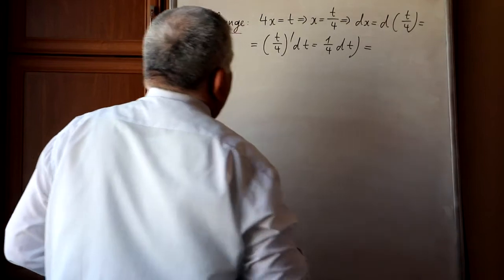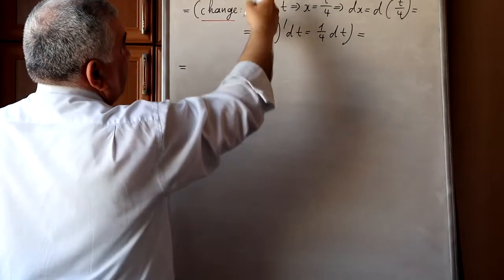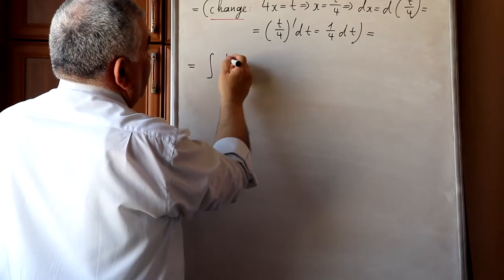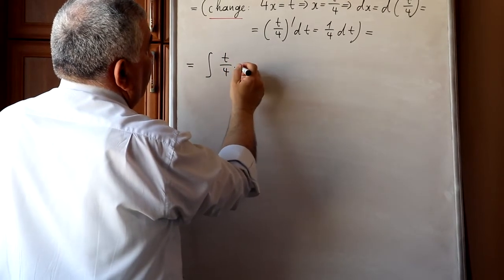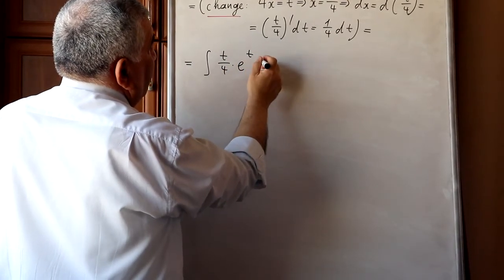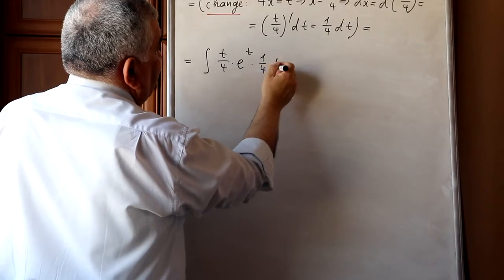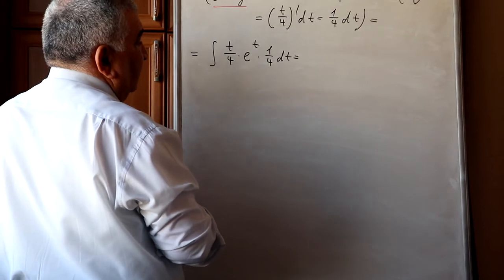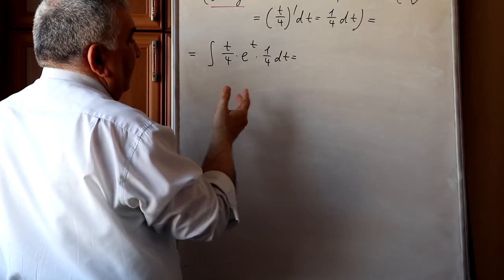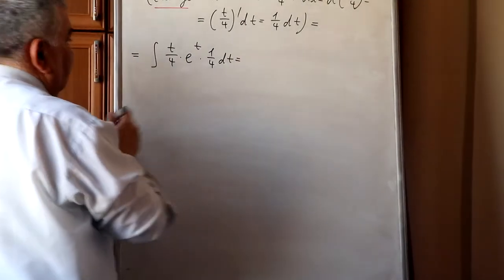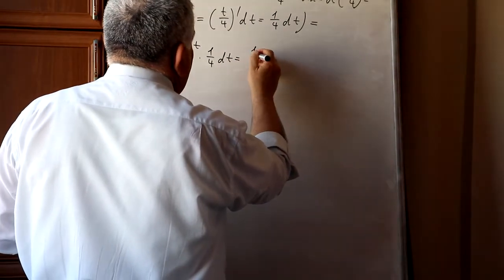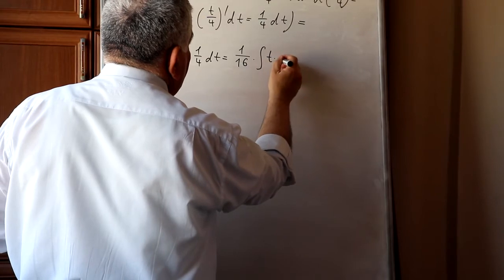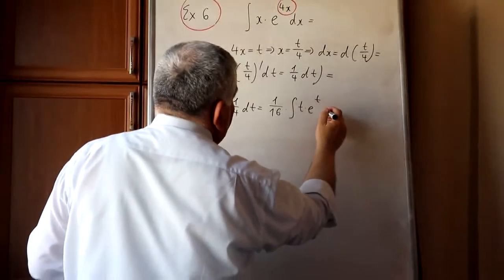Then apply this change into the given integral: t over 4 multiplied by e to t multiplied by 1/4 dt. Then we can take 1/16 out of the integral symbol. 1/16 multiplied by integral of t multiplied by e to t dt.